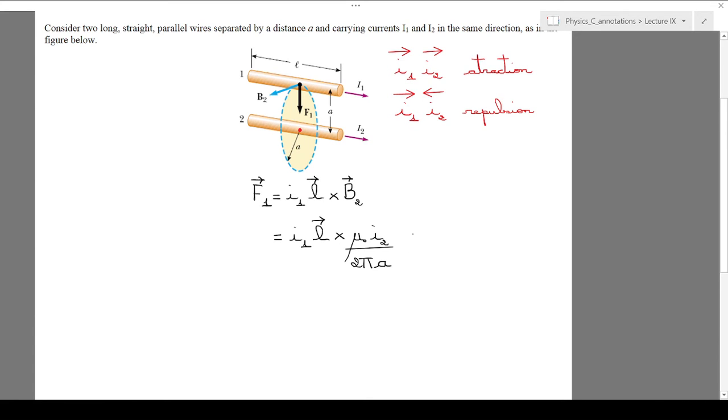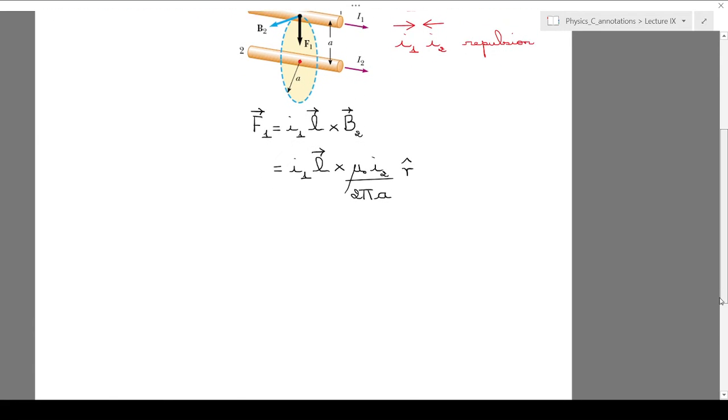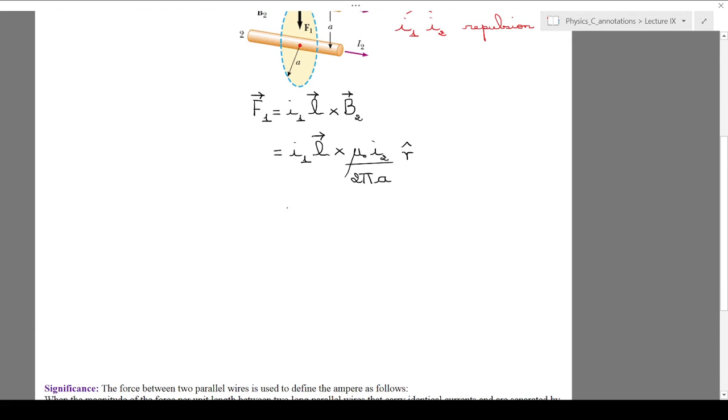And this direction is radial. You can see that this vector product is going to give something; I'm not going to prove it here, guys.